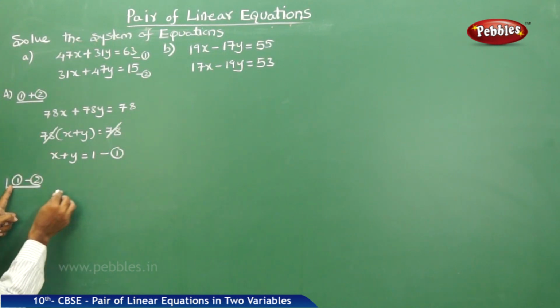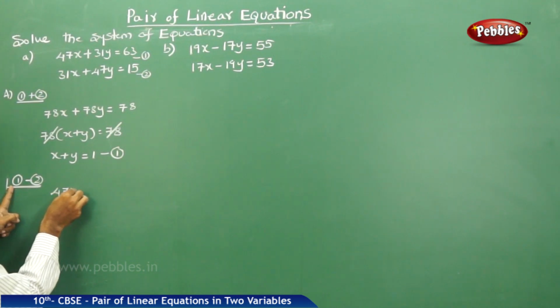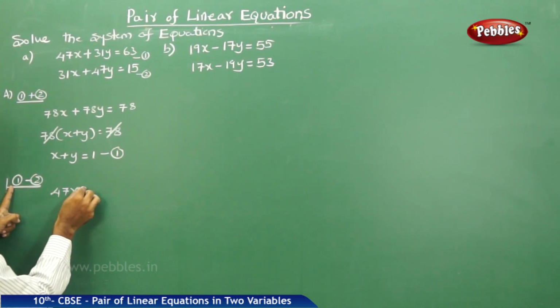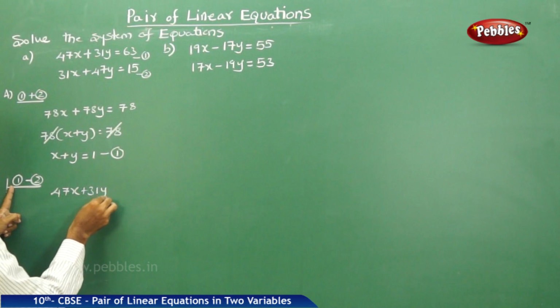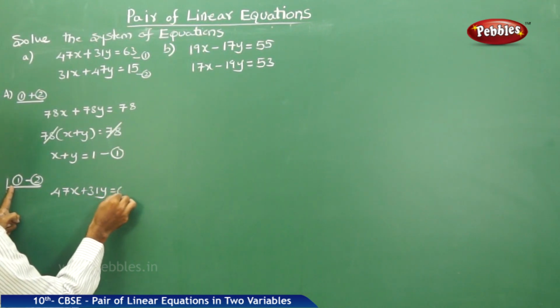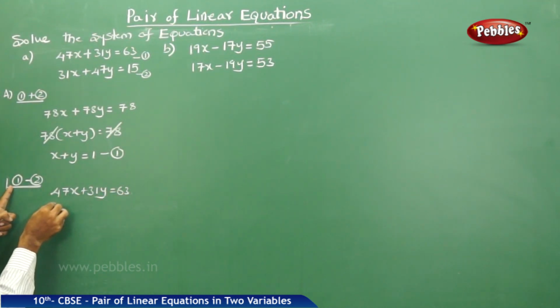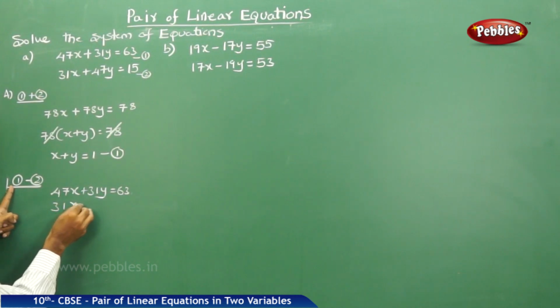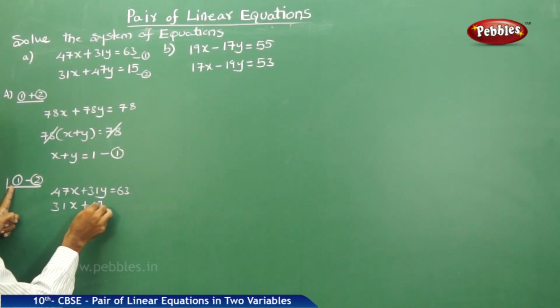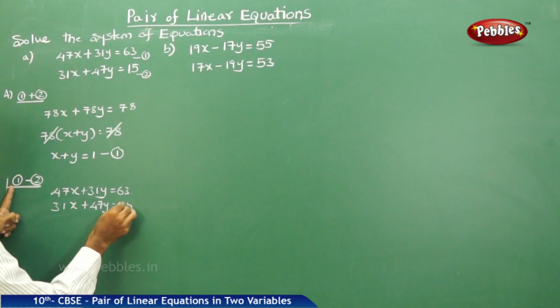Equation 1 minus equation 2, that is 47x plus 31y is equal to 63, 31x plus 47y is equal to 15.